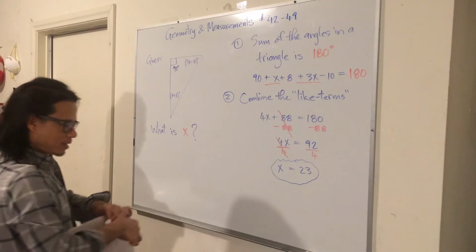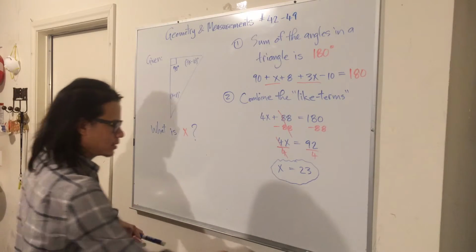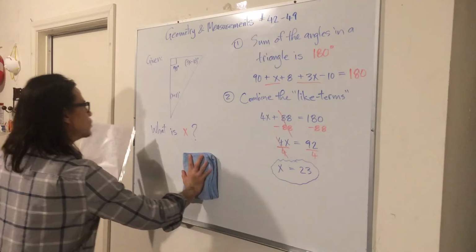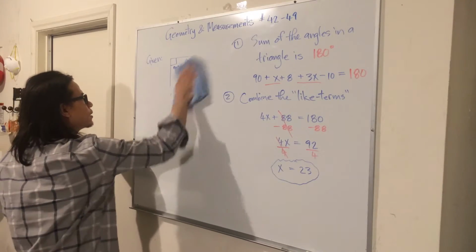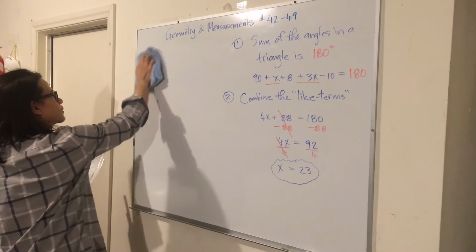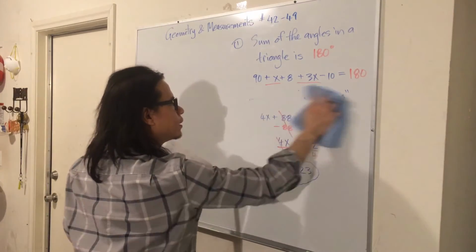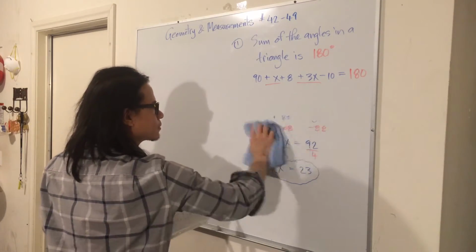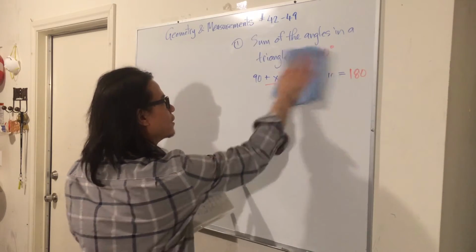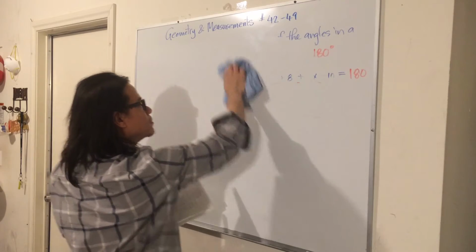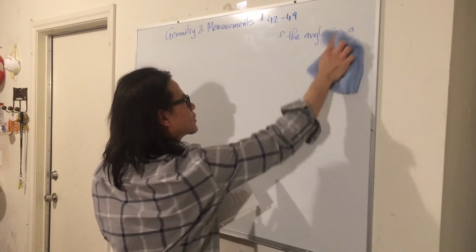So let that sink in, and we're moving on to what's called vertical angles. So the question for you is, what are vertical angles? Building up muscle erasing this whiteboard here.